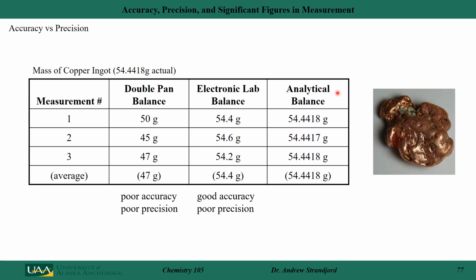So I finally use a very good balance, and I measure the mass 3 different times. I get an average of 54.418. And if I look at the accuracy and precision, I see that my value is actually very good, okay? And I'm also getting very good precision because these values are all very similar. Good precision and good accuracy.